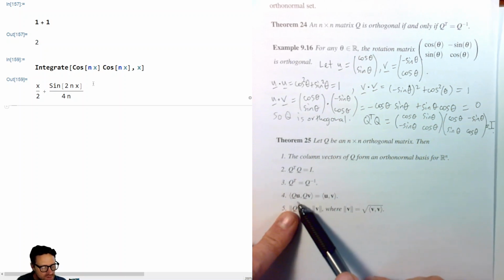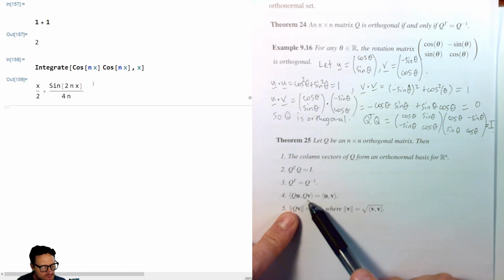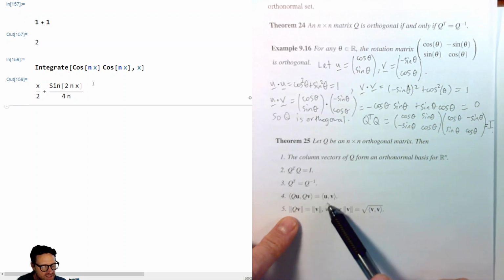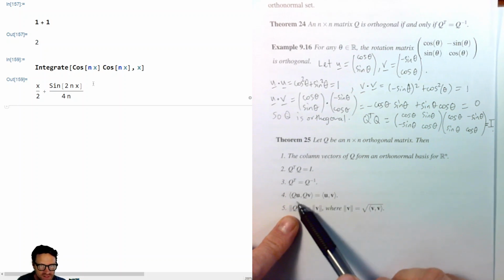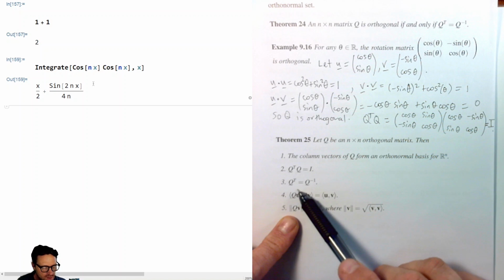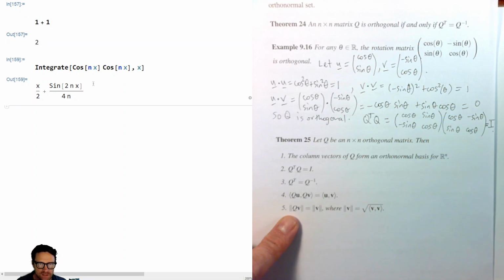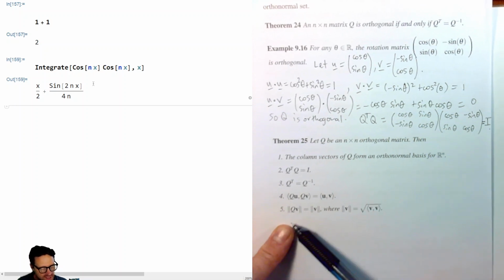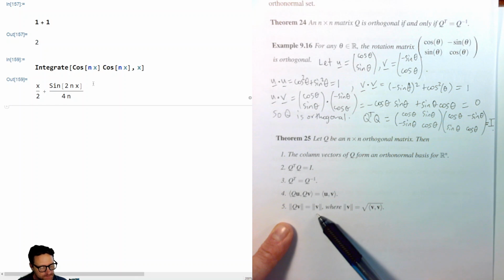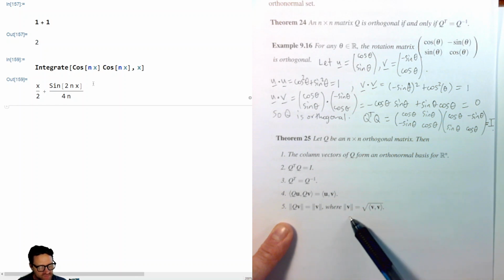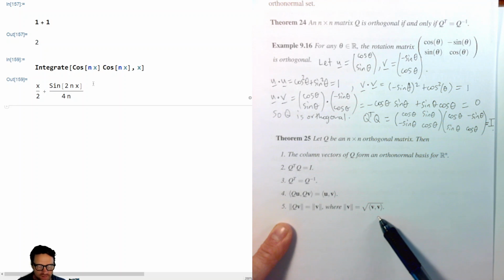And the inner product of QU with QV is the inner product of U with V. So this is the matrix Q times the column vector U in item 4. Okay, item 5, the norm of Q times V is equal to the norm of V, where the norm of V is defined as the square root of the inner product of V with itself.